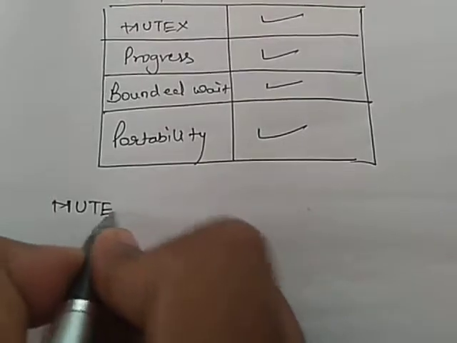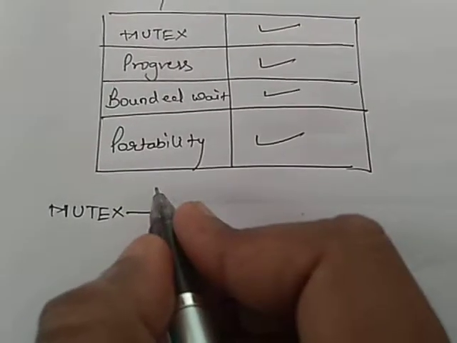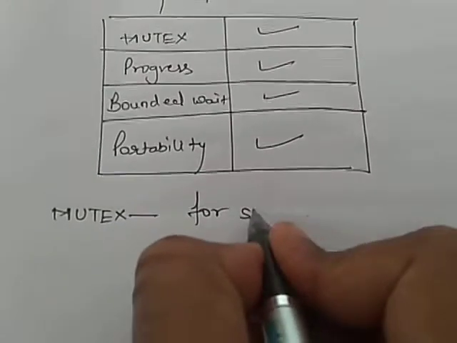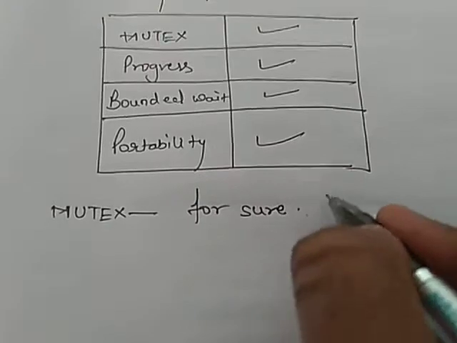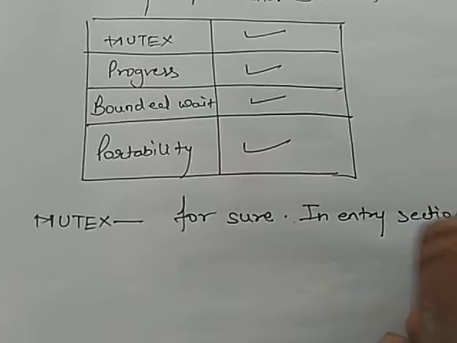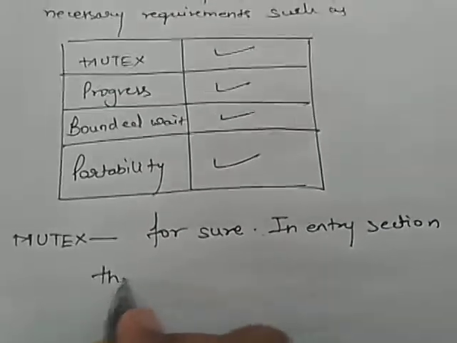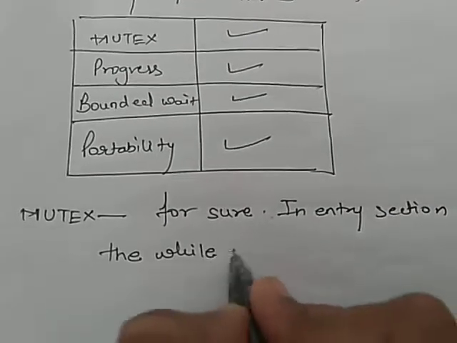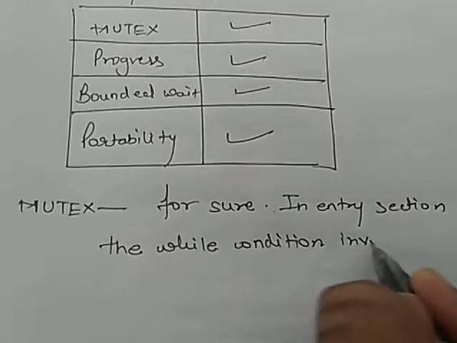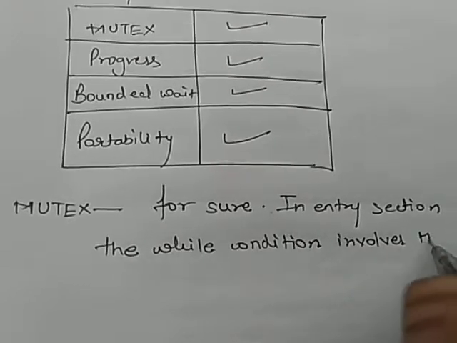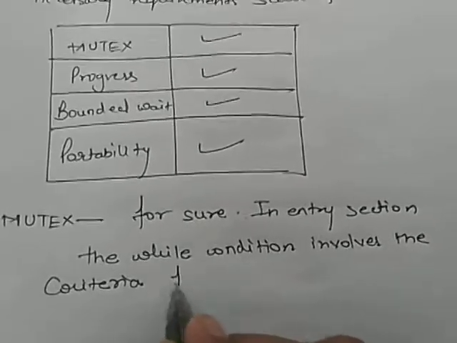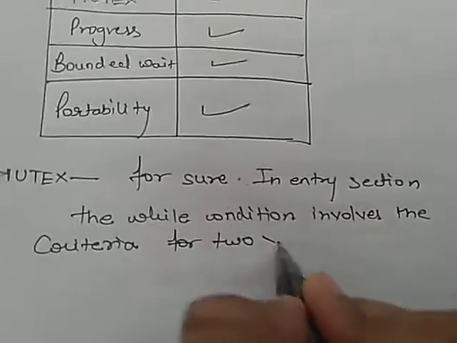First of all, mutual exclusion. Now the Peterson solution provides mutual exclusion for sure. In entry section, the while condition involves the criteria for two variables.